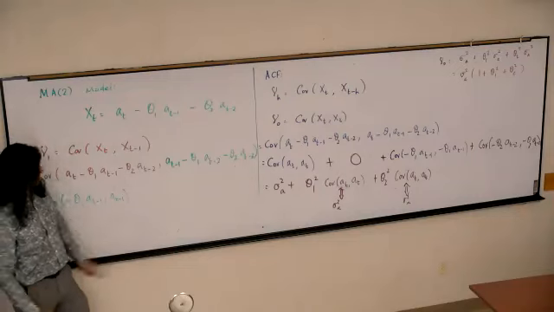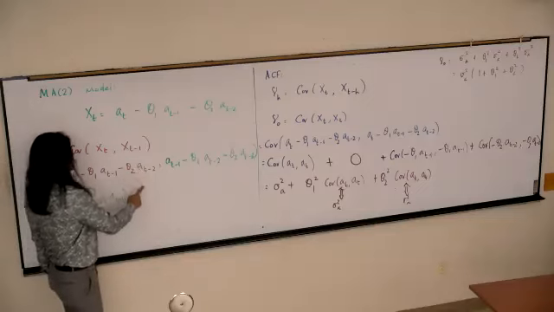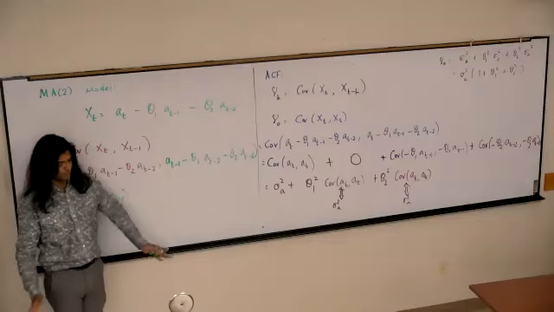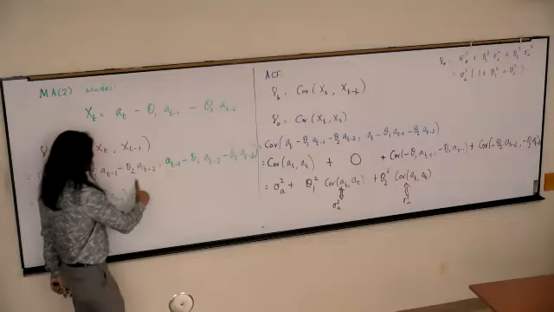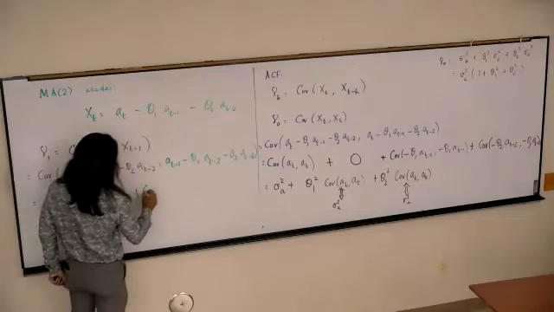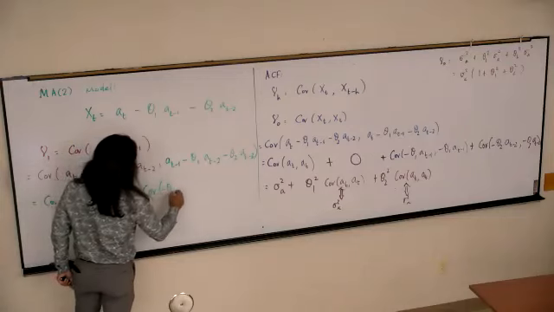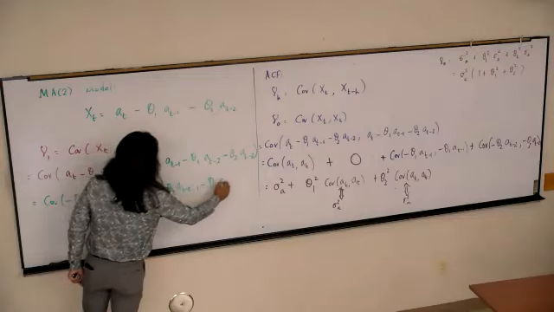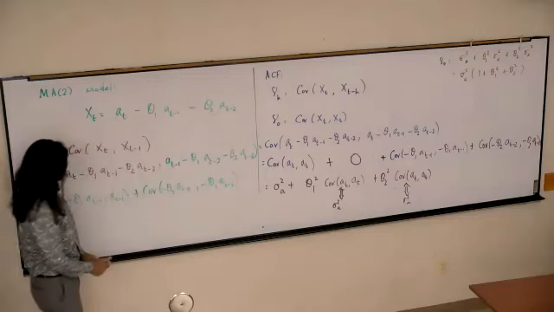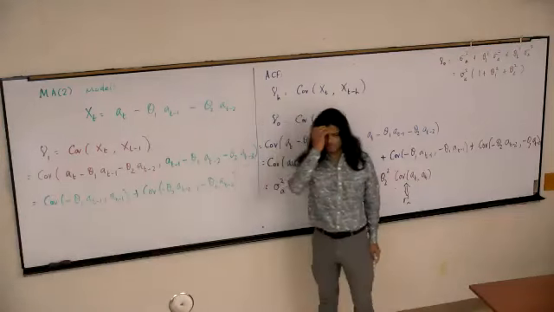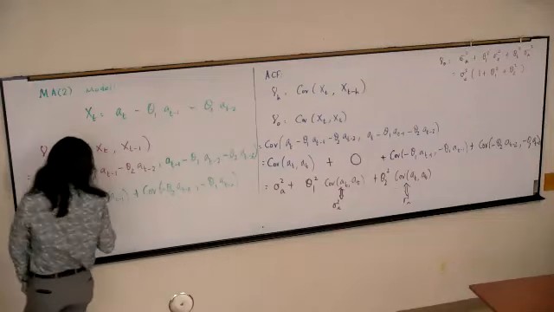No connection, gone. What about covariance between a_t minus 2 and a_t minus 1? Nothing. What about a_t minus 2 and a_t minus 3? Yes, so keep that one.